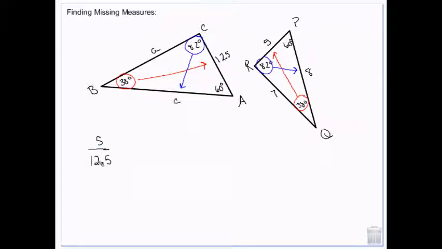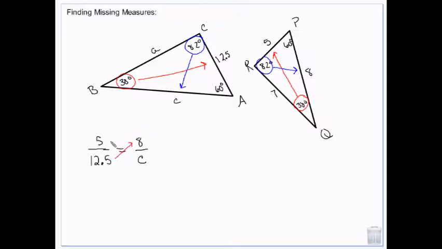It doesn't matter if you do large over small or small over large, but you must do it the same way on the second one. Okay? So if you did large over small, you'd have to do C over 8. Does that make sense? So that's the setup for the first missing value.